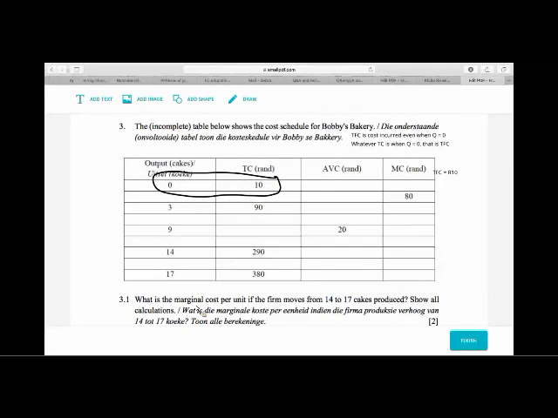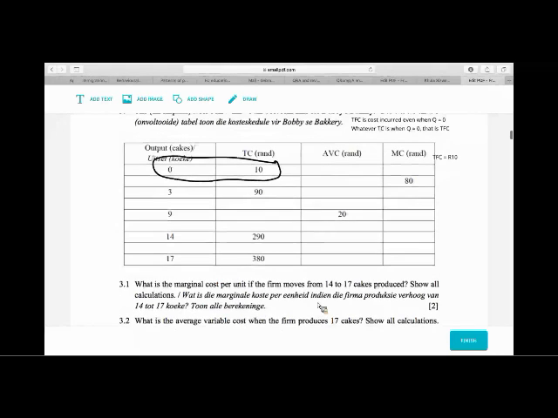Okay, the first part of the question then says, what is the marginal cost per unit if the firm moves from 14 to 17 cakes produced? Show all calculations. So the formula for marginal cost is very similar to the formula for marginal product. And there's a very good reason for why this is.